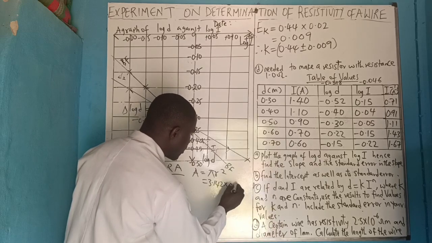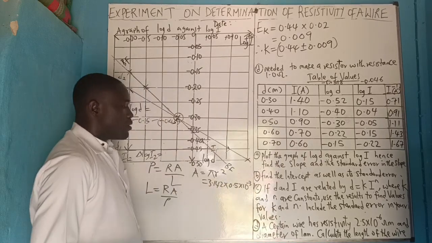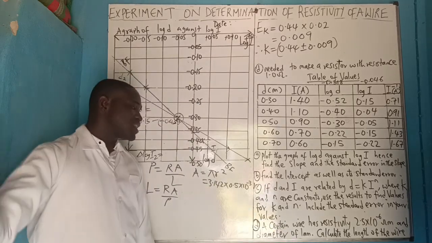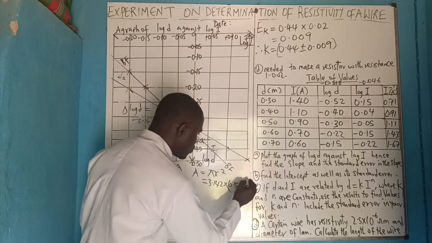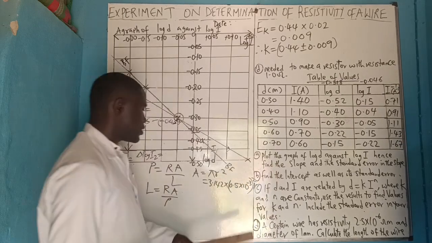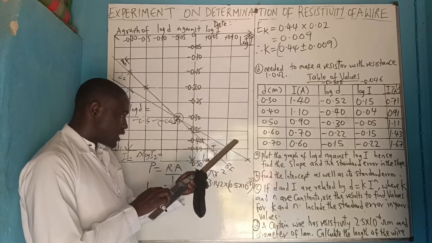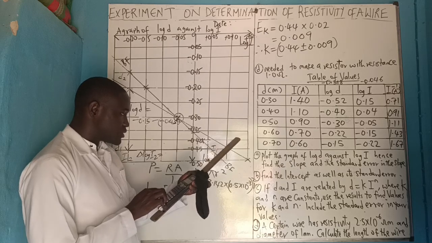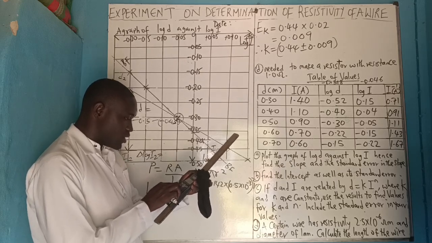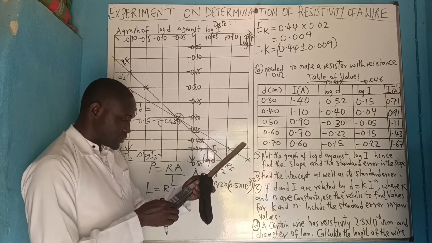You say 0.5 times 10 raised to the power of minus 3. This is in millimeter. Convert it to meter by multiplying by 10 raised to the power of minus 3. Then you square it. Are you getting it? So you have 3.142 times bracket 0.5 times 10 raised to the power of minus 3 squared.